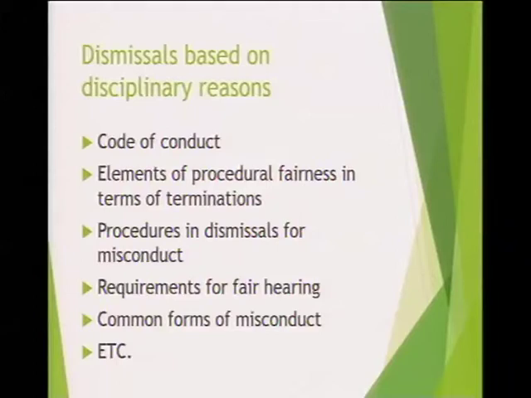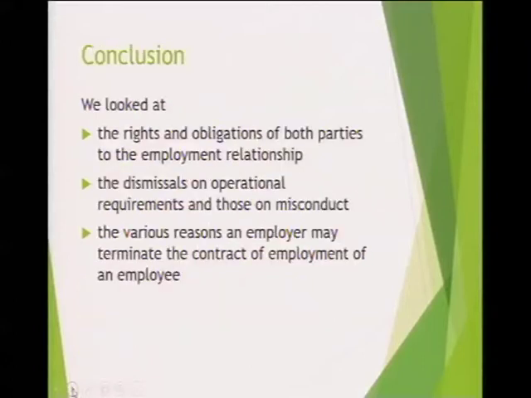In cases of misconduct, an employee can be dismissed. If the fair hearing has been exhausted and the employee is still found wanting, the employee can be dismissed. There are some common forms of misconduct which the employee may be found not meeting or misbehaving deliberately, and can be dismissed.